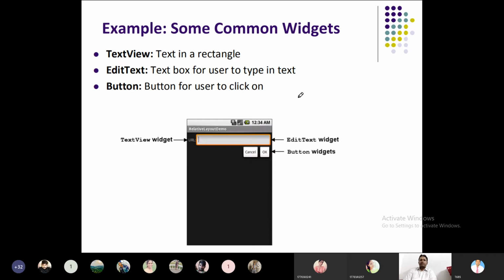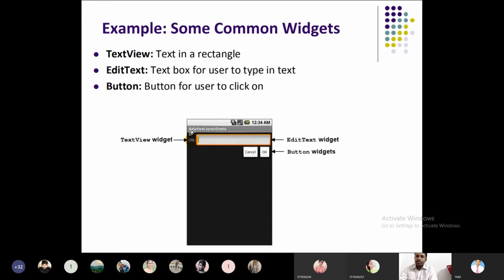So we know text view. Text view is a label. You might know AWT, where we have a label.